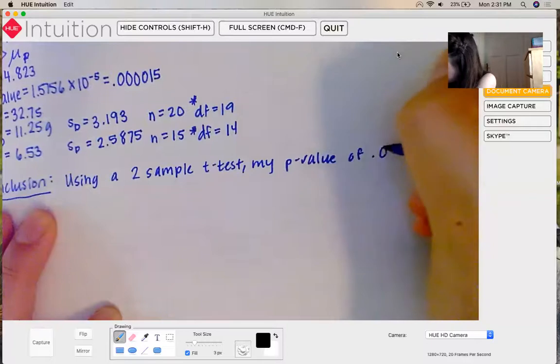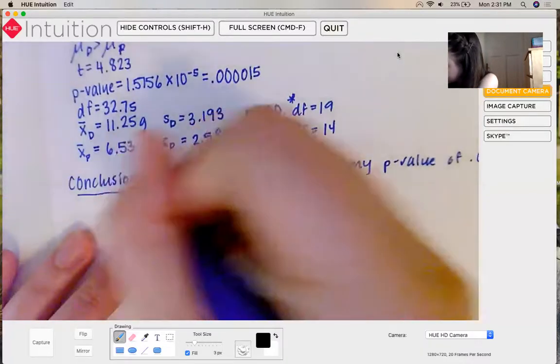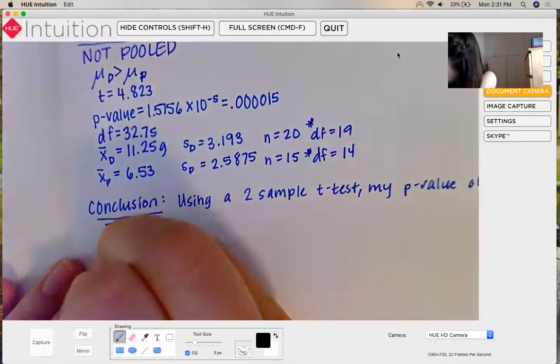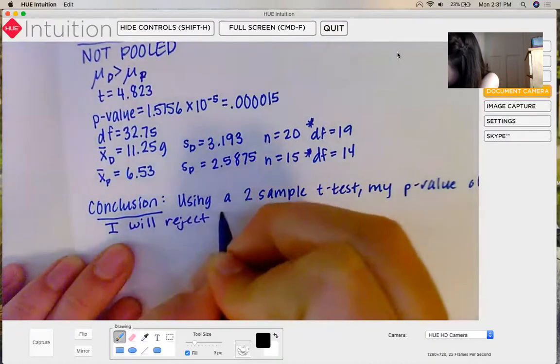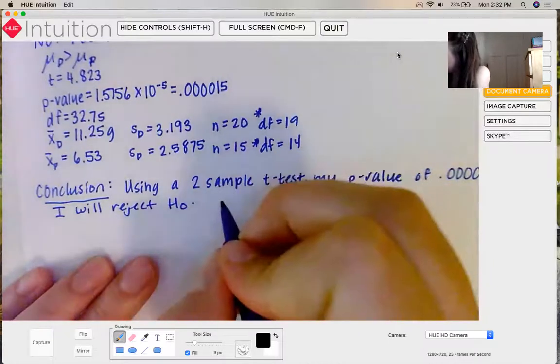Oh, it was so tiny, 0.00015 is less than, we're always going to assume that our alpha level, unless it's given to us, is 0.05. I will reject the H0 since my P was low. Okay.